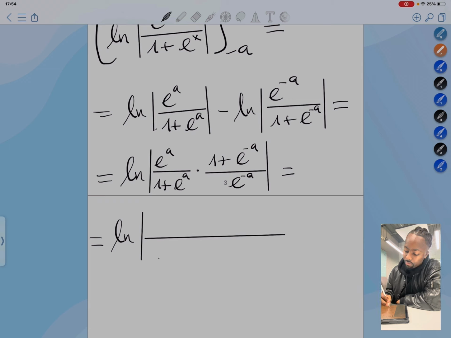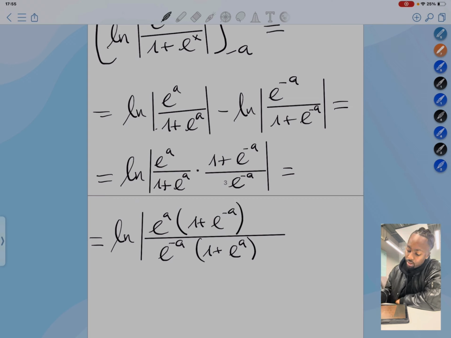So we're going to have e to the power minus a times 1 plus e to the power a, and then e to the power a times 1 plus e to the power minus a.